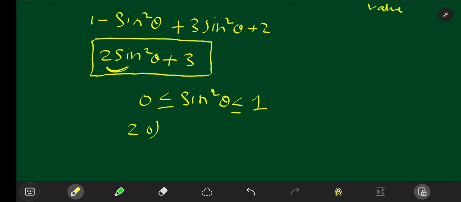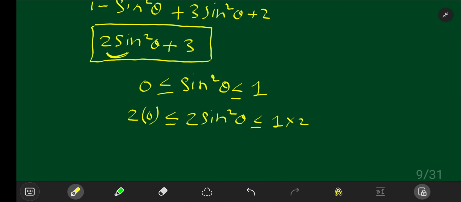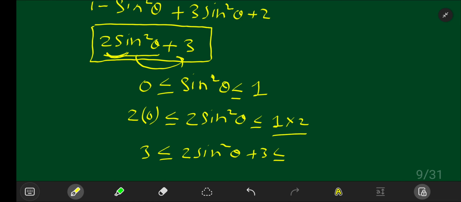2 into 0 is 0, and 2 into 1 is 2, so 0 is less than or equal to 2 sin square theta, which is less than or equal to 2. Then we add 3: 0 plus 3 is 3, and 2 plus 3 is 5. So 3 is less than or equal to 2 sin square theta plus 3, which is less than or equal to 5.